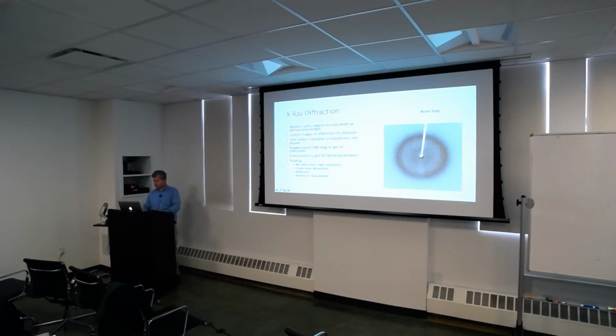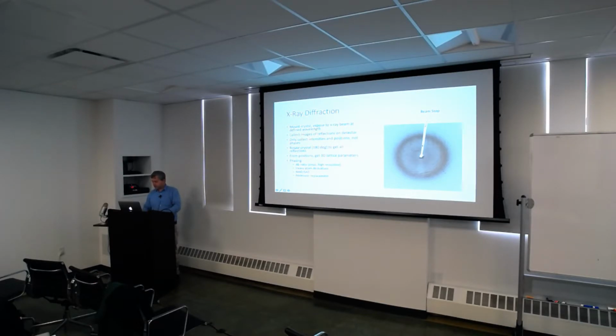It's not just a single point, but it has to be held by a wire or something in place, so it blocks out a little region here. What you end up getting is a whole bunch of reflections or diffraction spots on your detector. What you collect in X-ray is only the intensities and the positions of these spots. You don't get any phases. There's no way to collect phase information from this. All you get is the positions and the amplitudes.